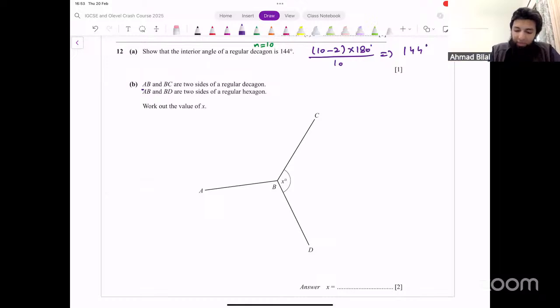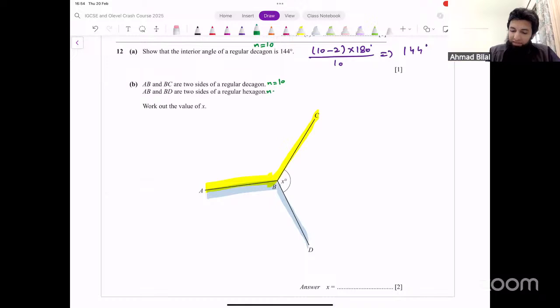Now it says AB and BC are two sides of a regular decagon. Okay, so we have AB and BC. These are two sides of a regular decagon. And then they're saying AB and BD, that's this side and this side, are two sides of a regular hexagon. A decagon is a figure that has 10 sides.